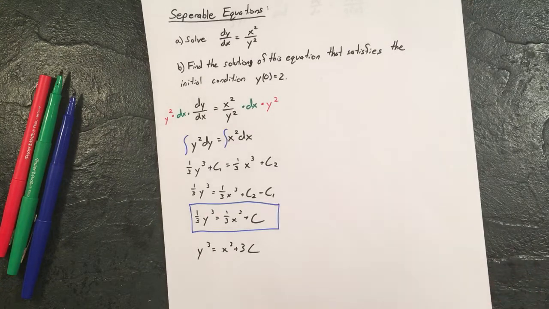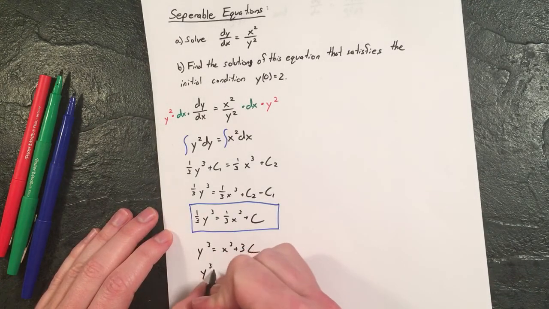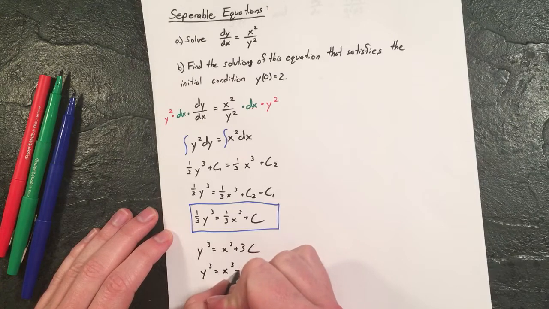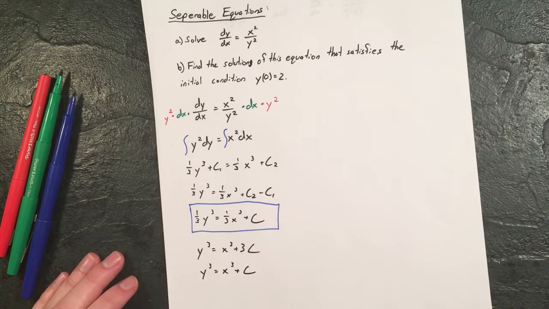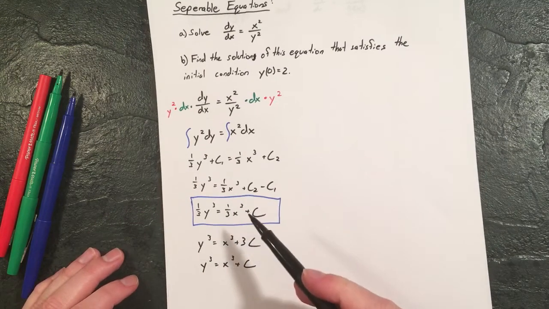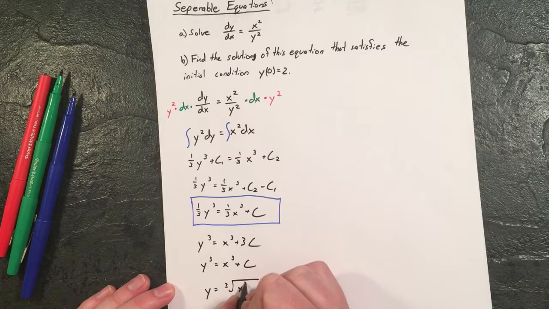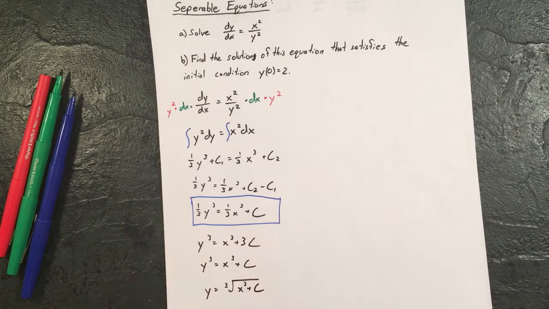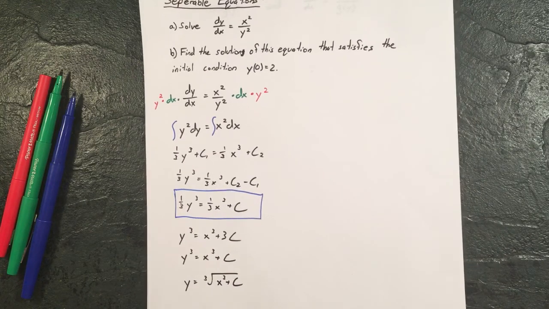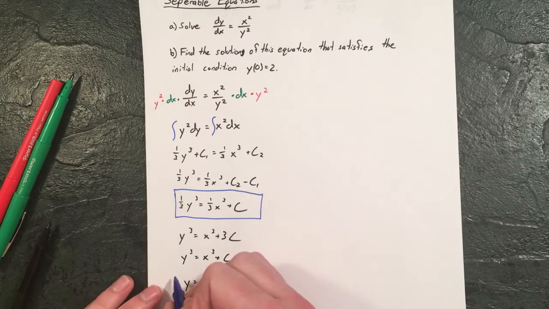However, 3 times a constant is still just some constant. So a lot of manipulation of the constant throughout this question. And then we could finally end up saying that this is just the cube root of everything. That's only if they ask you specifically to solve for y equals. We had solved up here. Both of these answers are correct, though.